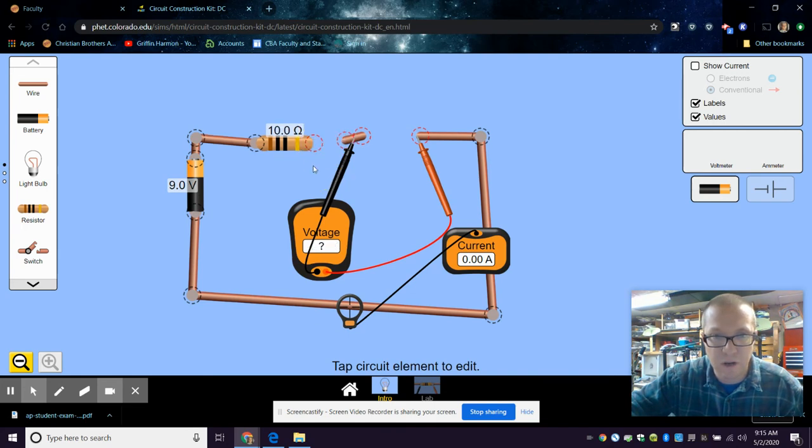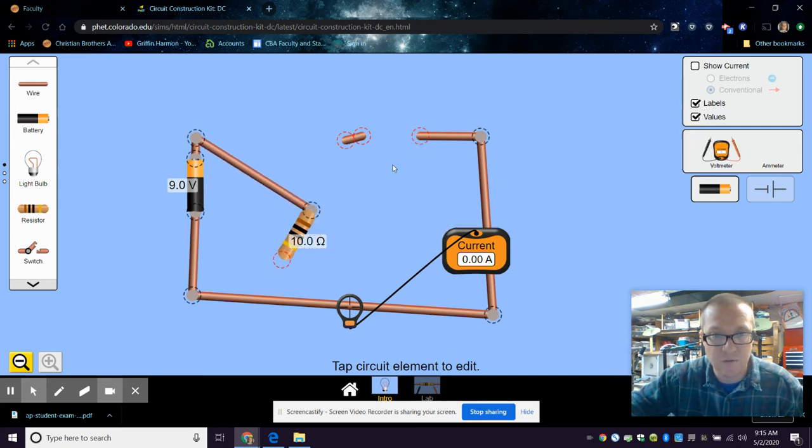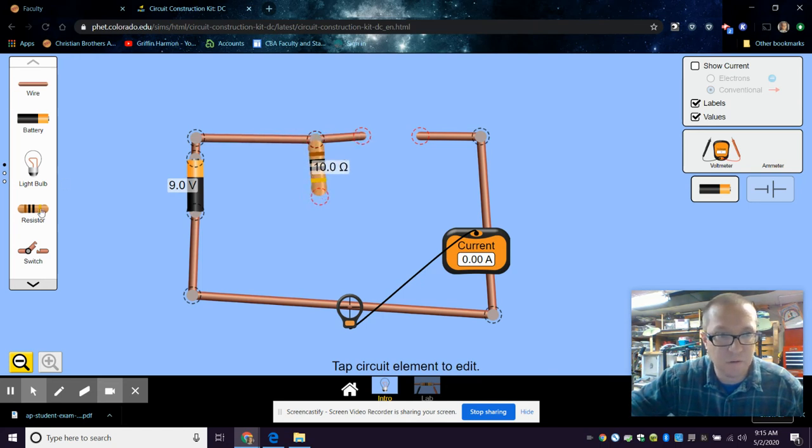All right, so I gotta break some of this up. Parallel now is going to be kind of wacky. Got to get the stuff out of the way. They're going to be side by side. All right, get a resistor in here. I want to just get that side up. All right, cool.